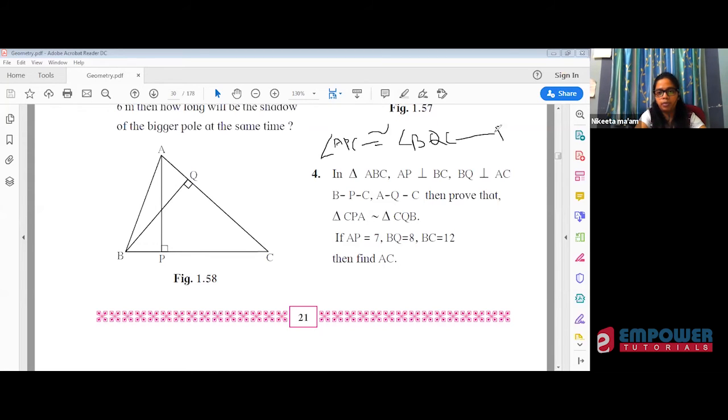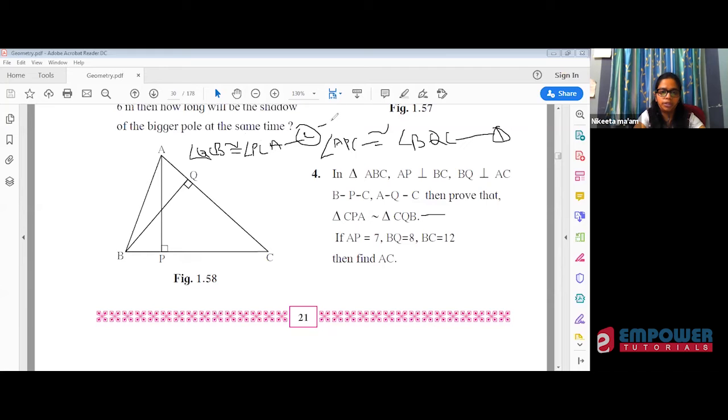This will be one point, and the second point will be angle QCB is congruent to angle PCA. So from 1 and 2, we can say that these triangles are similar to each other.